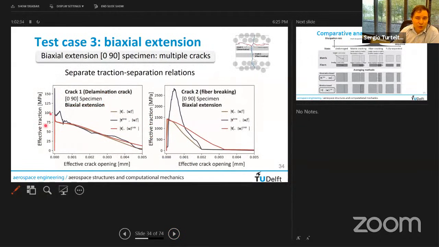And you can in fact extract, in this case, two distinct traction separation laws. As you can see from the numbers here, this is really more the lamination, which is dominated by matrix cracking. You see that this occurs at a relatively low stress, about 80 to 100 megapascals.